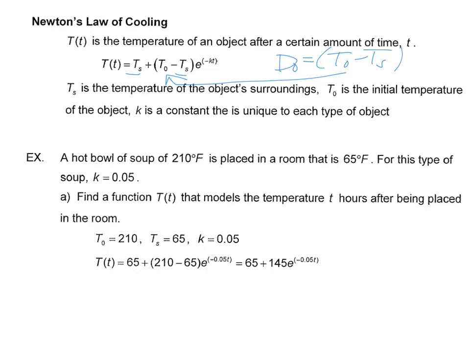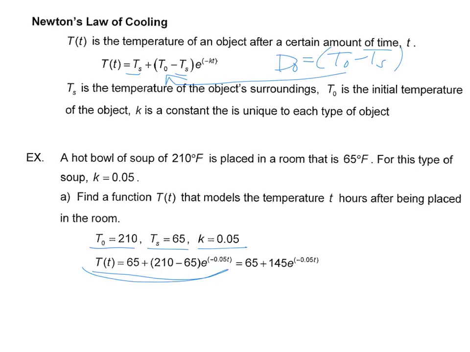All right, a hot bowl of soup of 210 degrees Fahrenheit is placed in a room that's 65 degrees Fahrenheit. For this type of soup, K equals 0.05. Part A is we want to find a function, and so I've written down everything we know from the beginning. The initial temperature is 210. The temperature of the surrounding area is 65. K is 0.05, and then I filled in the formula right here.